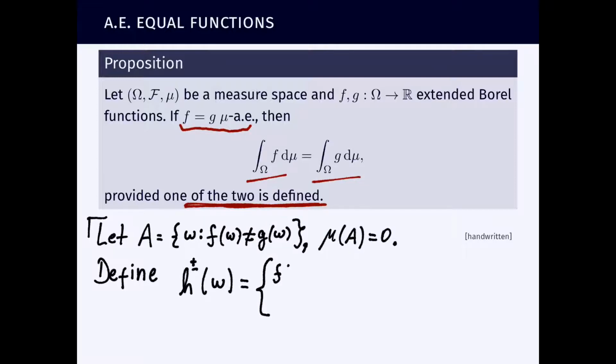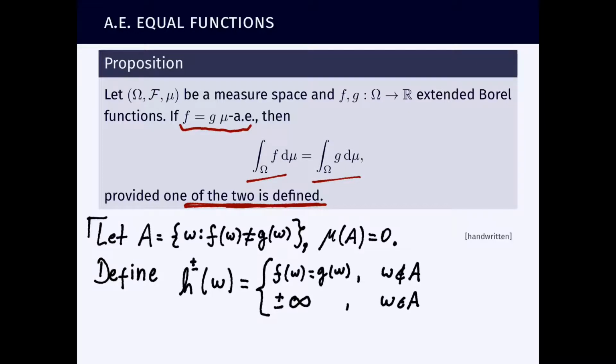They will be defined to be f of omega, which is the same as g of omega, if omega does not belong to A. So if omega does not belong to A, then f of omega and g of omega are the same, so we can choose whichever one. They are the same, so h plus and h minus of omega will agree. And then we define this function to be plus infinity when omega is in A. That will be h plus, and h minus will be defined as minus infinity.